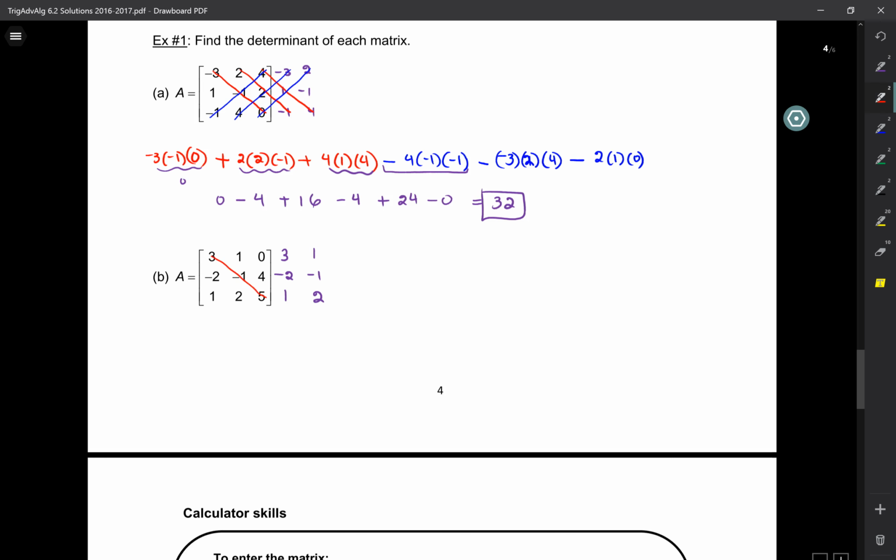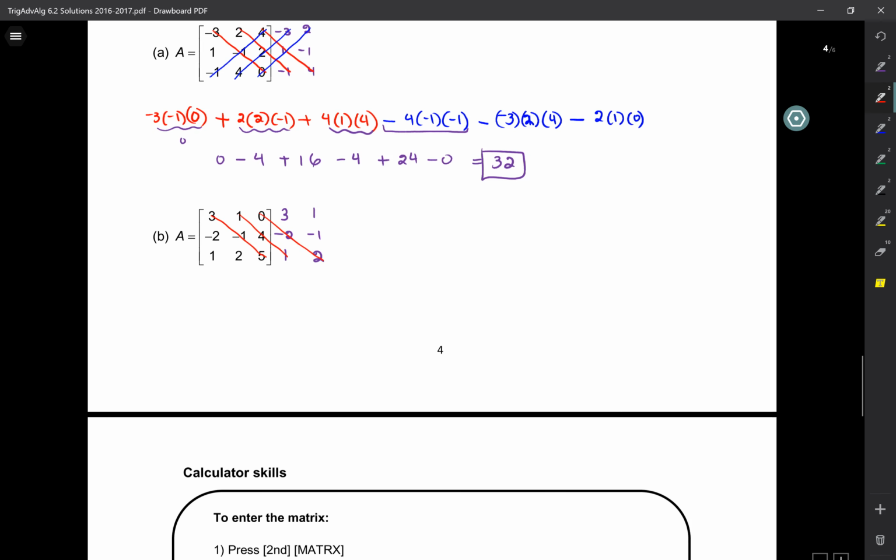Here's 1 and 2 and 3. All right, so what are we going to get from the first diagonal? 3 times negative 1 times 5 plus 1 times 4 times 1 plus 0 minus 2, 2.